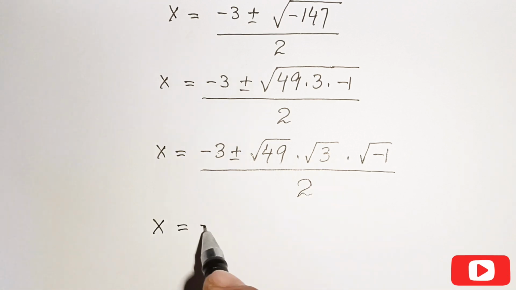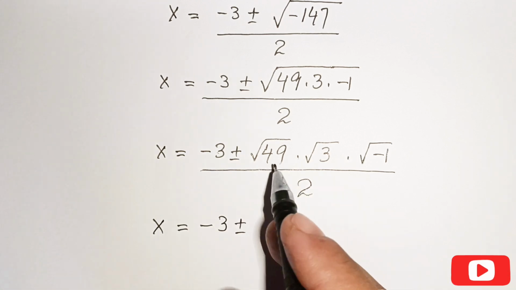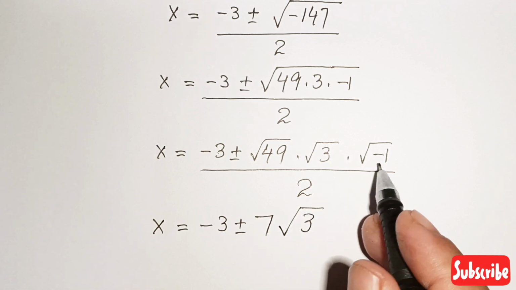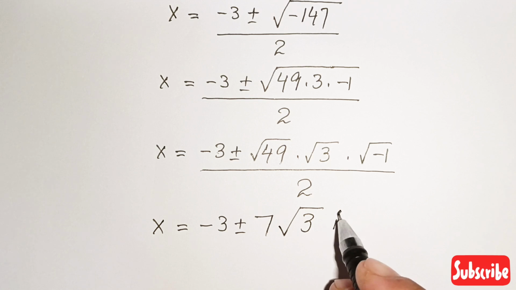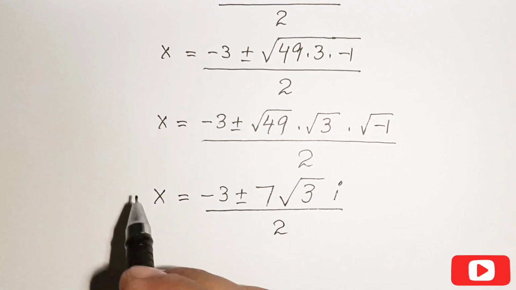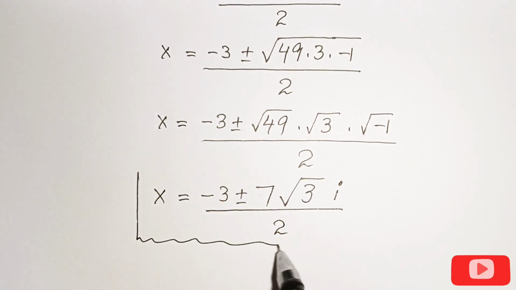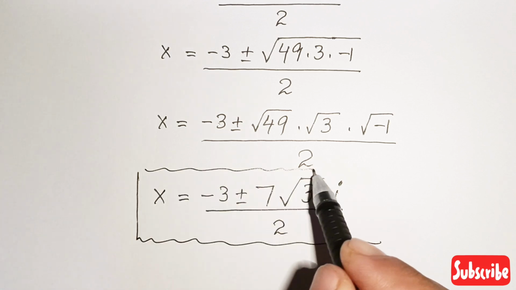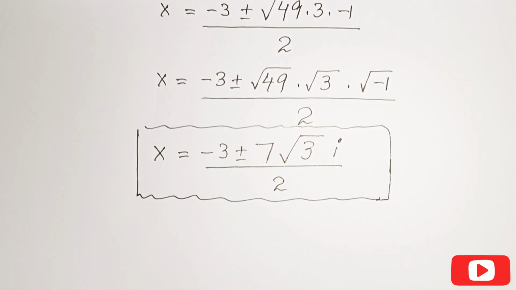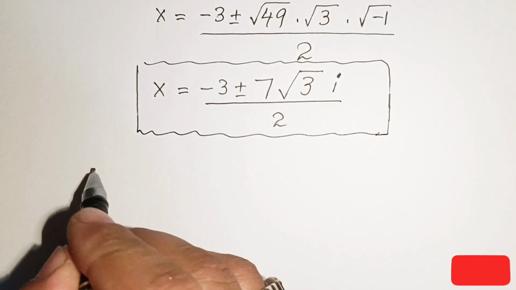So x is equal to minus 3 plus minus 7 times square root of 3, and square root of minus 1 is equal to iota i, all over 2. So it is the solution of x that we have just found out. Now we have 3 solutions in case 1 and similarly 3 solutions in case number 2. We are going to write our final answer here.